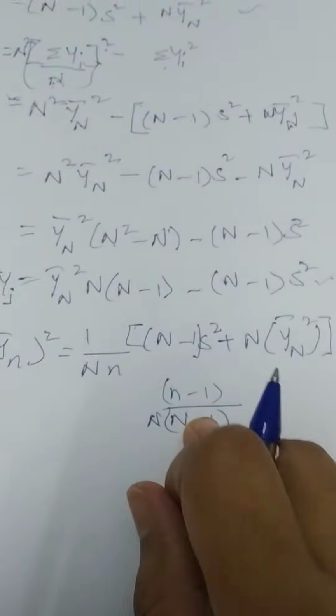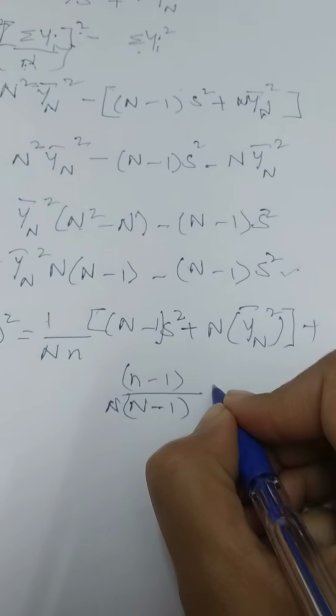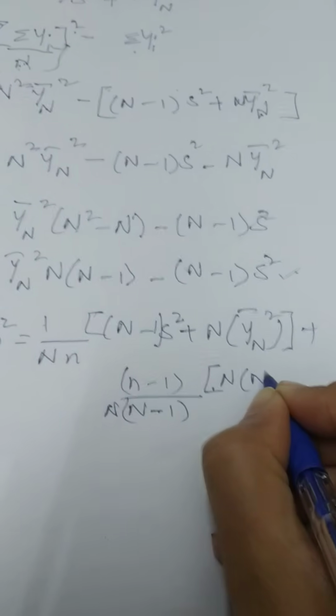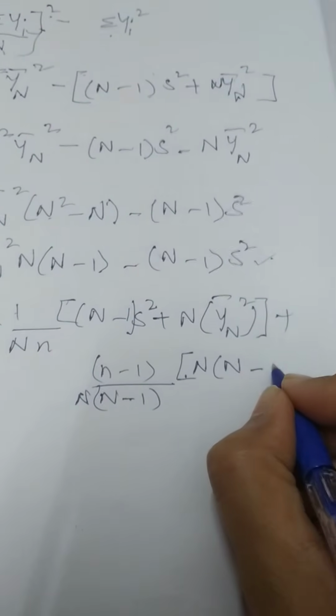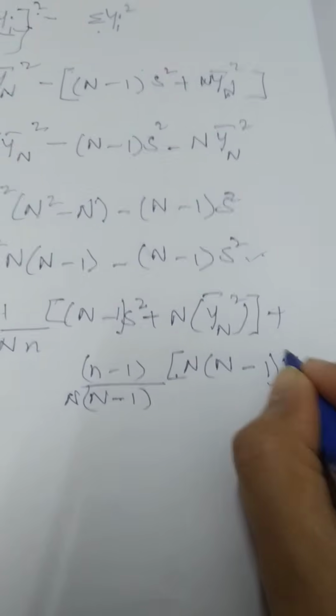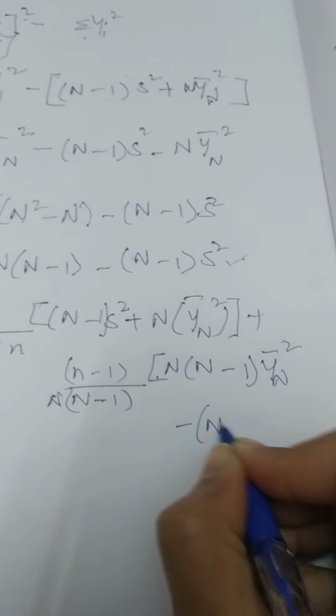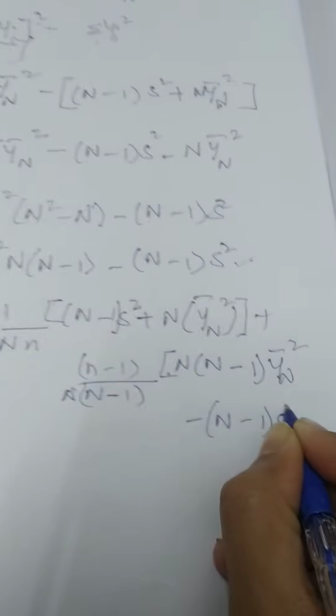I am writing it here with this value, n into (n minus 1) of y bar of n square minus (capital N minus 1) of s square.